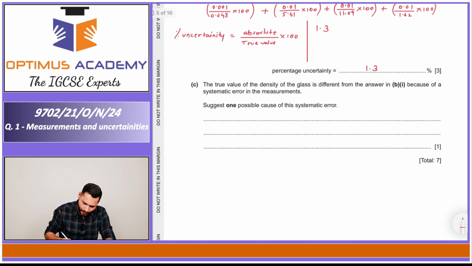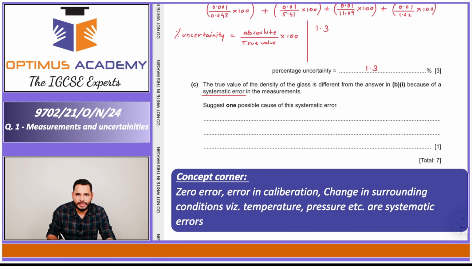Next, the true value of the density of the glass is different from the answer in B1 because of a systematic error in the measurement. Suggest one possible cause of this systematic error. So zero error or an error in calibration of the devices can be considered a systematic error.